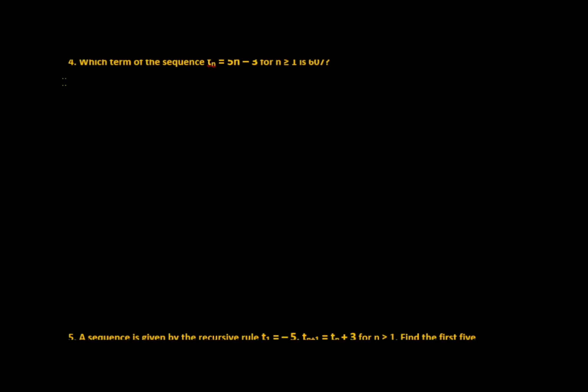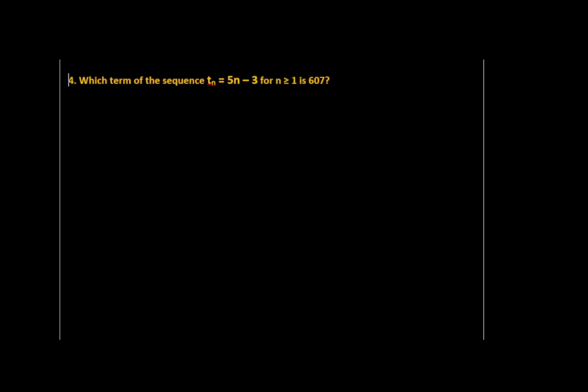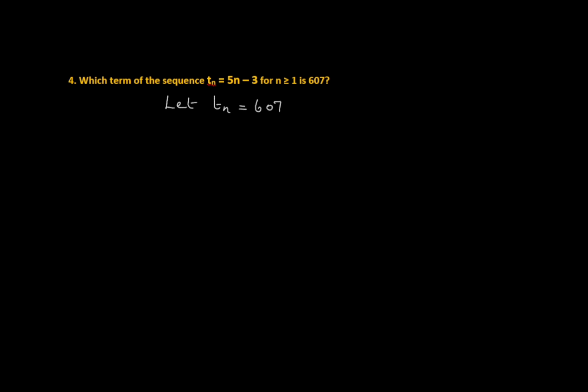Next question, which term of the sequence Tn is equal to 5n minus 3, for n greater than or equal to 1, is 607. So like the previous question, we need to take Tn equal to 607, then find n. So 5n minus 3 is equal to 607. 5n is equal to 607 plus 3.